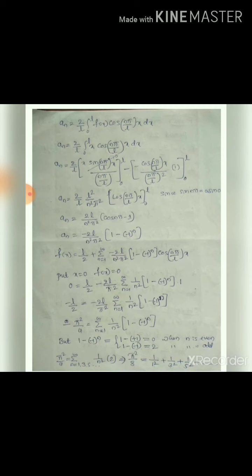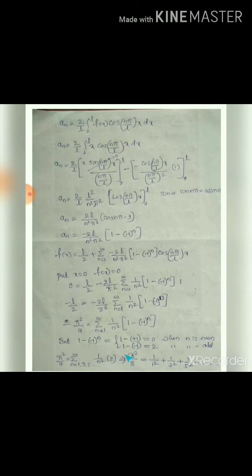But we can calculate the value of this. Because n is a natural number, it may be odd or even, then the value of 1 minus minus 1 raised to n you can calculate whenever n is even and whenever n is odd. If n is even, then minus 1 raised to even power will be a plus.